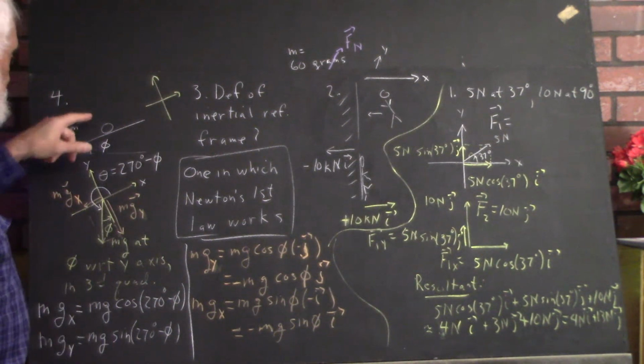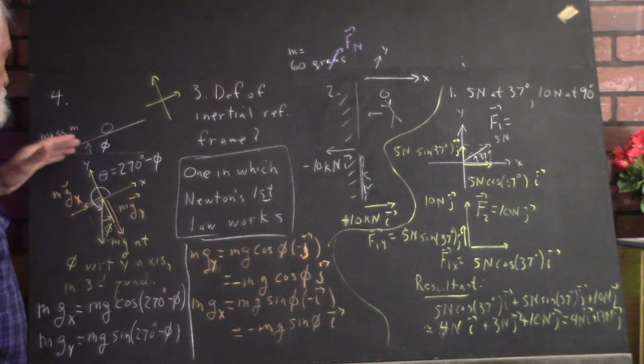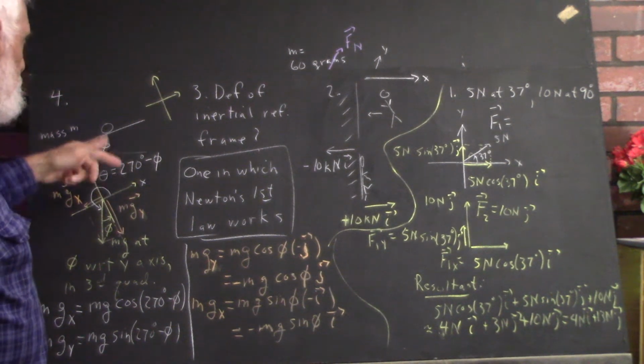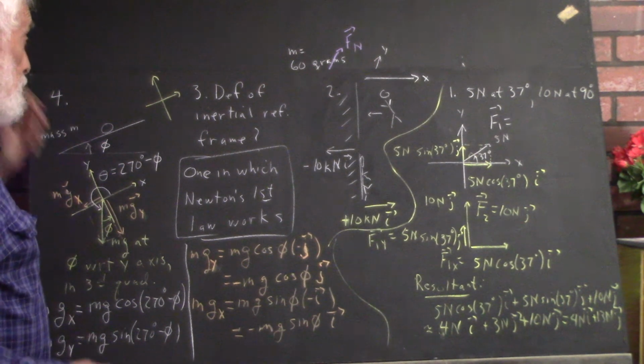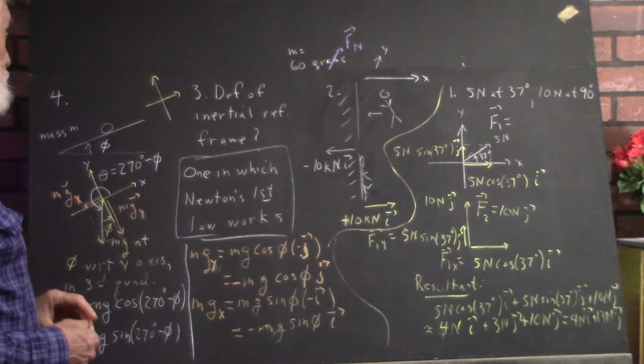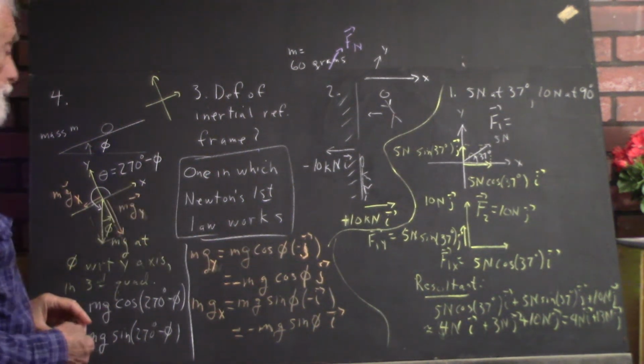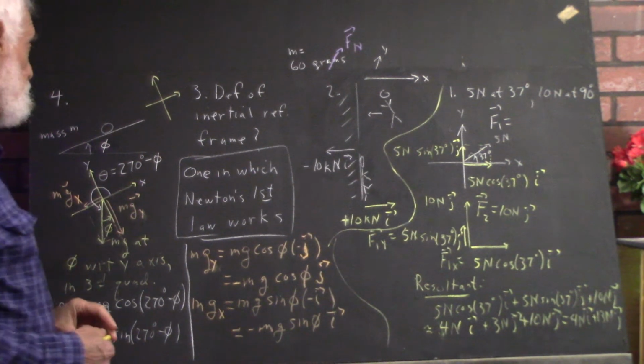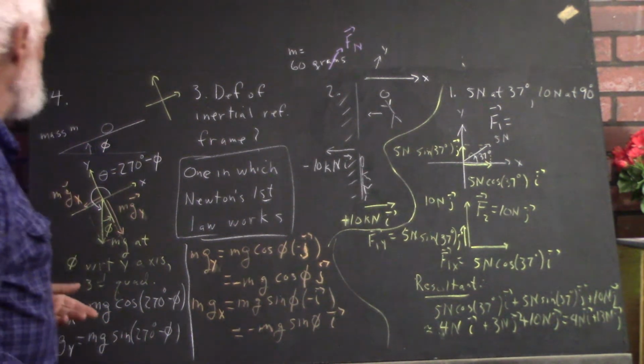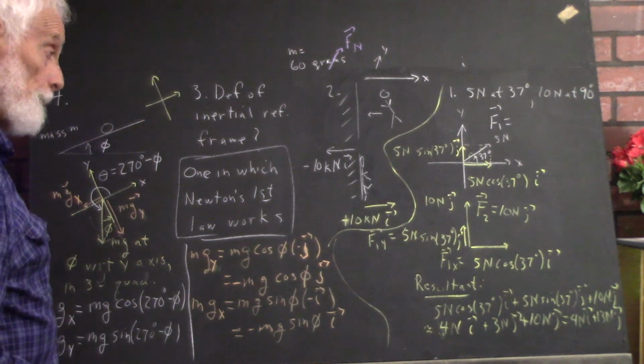Another one, you got a mass m on an incline with angle phi with the horizontal. First question was, are you going to use a tilted or a level reference frame, and I got various answers to that. The general principle, you want to use a tilted reference frame.